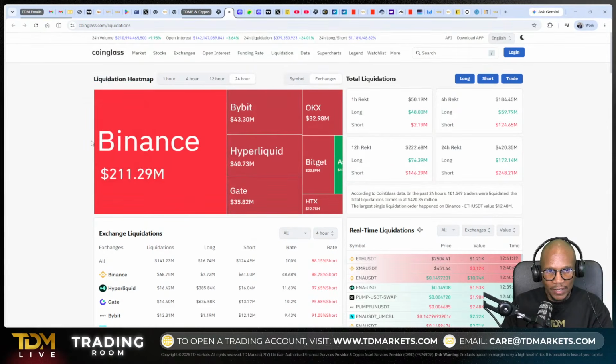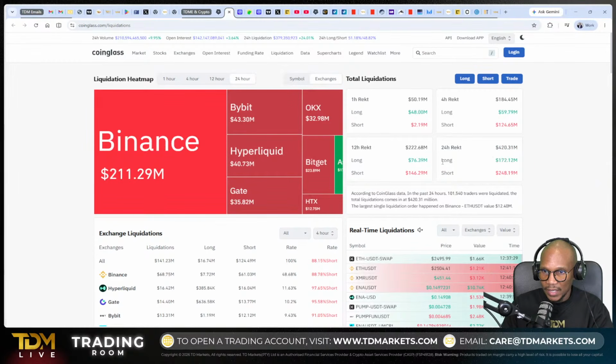weather forecast, right? So this shows you the total number of long or short leveraged positions that have been squeezed, that have been forcefully closed or liquidated. For instance, over the past 24 hours, these are the total number of long and short positions combined together.